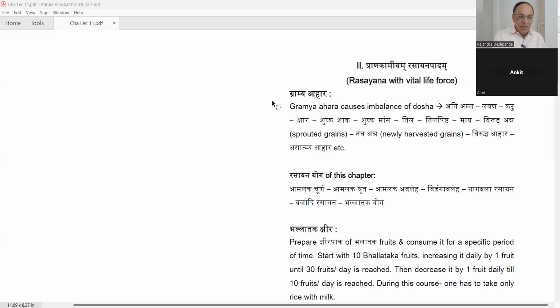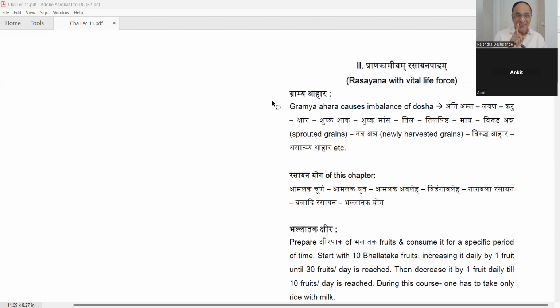Then chapter number 3 of Charak Siddhisthana, Basti Sutriya, where you must talk about Basti Netra, Basti Putaka, then Niruha Basti, different types, Baladi Niruha Basti, then Anuvasana Basti Matra and Anuvasana Basti Vidhi. In any Basti, please note, the left lateral position is given to the patient.